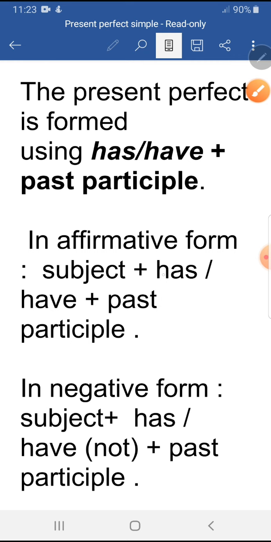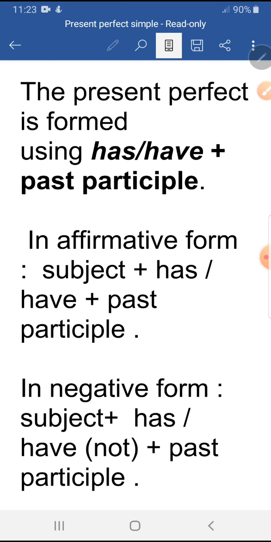So احنا بنحط has أو have, it depends. For example, if we have the subject I, we have to use have. So I have. And don't forget the past participle is from verb 1 to verb 3.